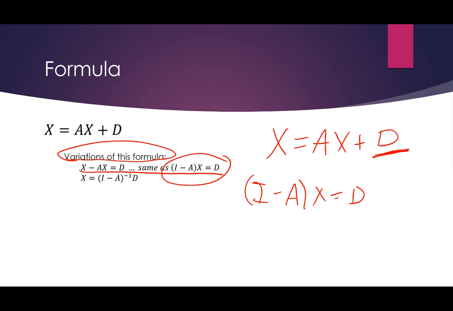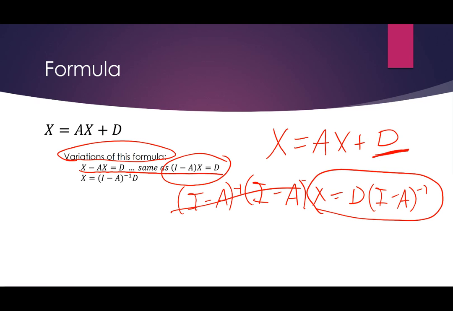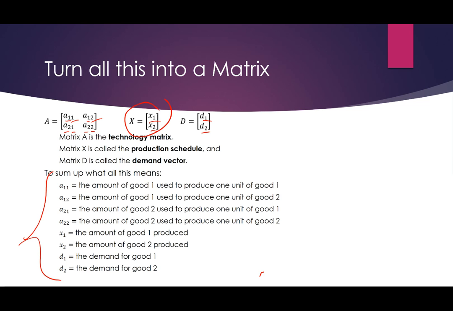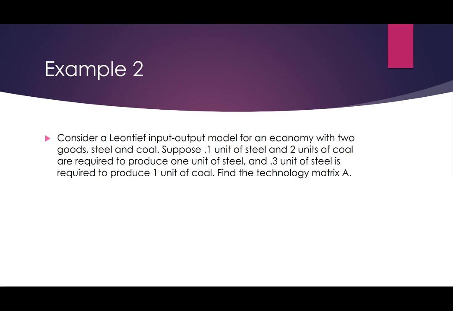If you can find the inverse of this, that would cancel it out, but you'd have to do that to this side as well. If you find the inverse of I minus A, then you have the formula for X. So if you're looking for the production schedule, you'd use this variation of the formula. Complicated stuff, but it's all right. It gets better.